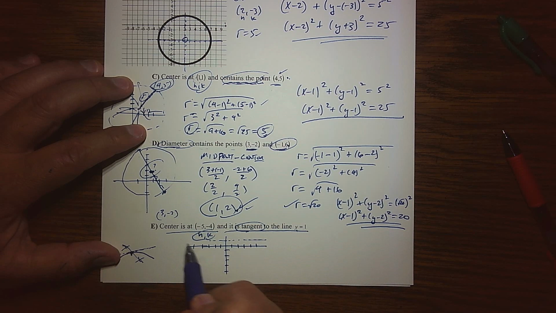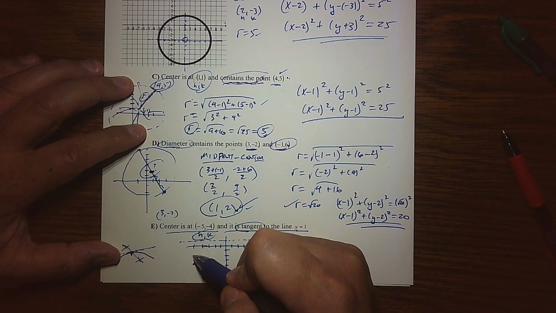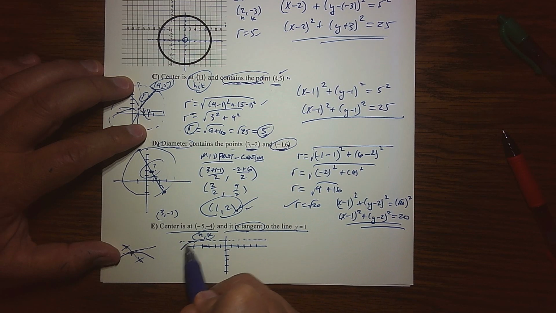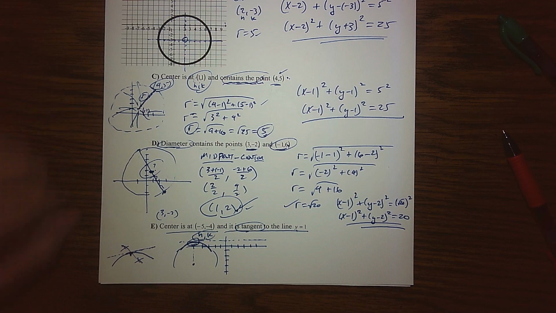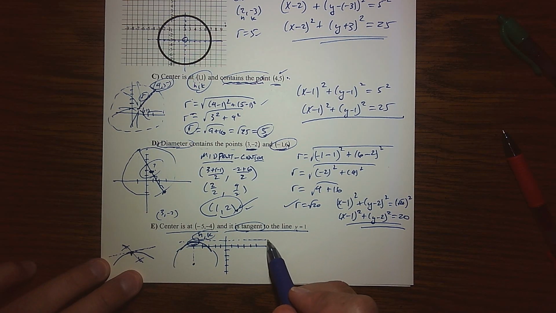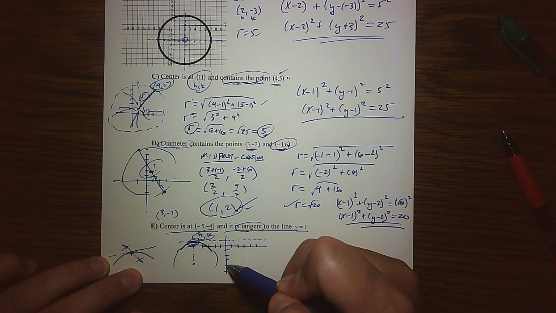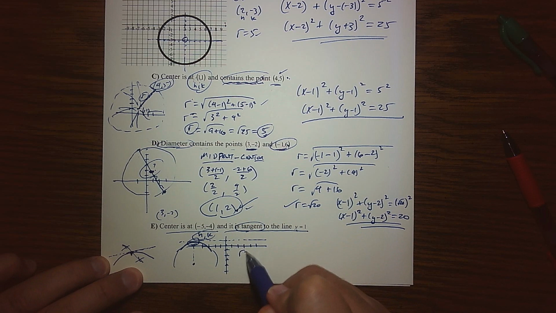So there's my center. And whatever this circle looks like, its edge has to be tangent to the line y equals 1. And that gives us a lot of information because that means we're going to go up 1, 2, 3, 4, 5. So that tells us that the radius is 5.